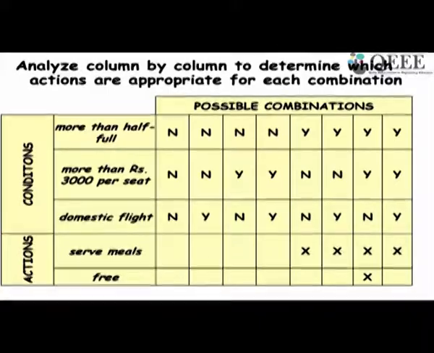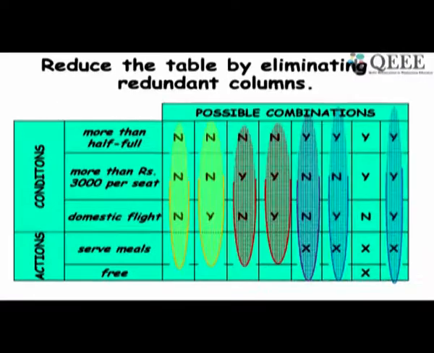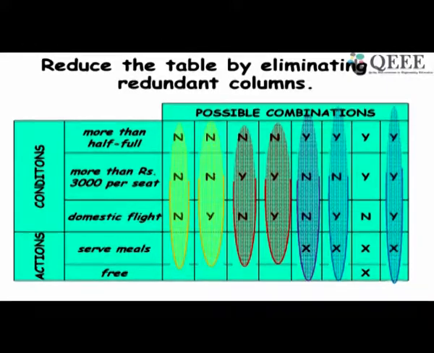As long as this is no, meals should not be served. So we can now redraw the decision table to minimize the number of test cases. You can find out that these parts we can club into one, these two we can club into one, because see here, as long as this is yes and this is no, then this outcome only holds, and even this one.